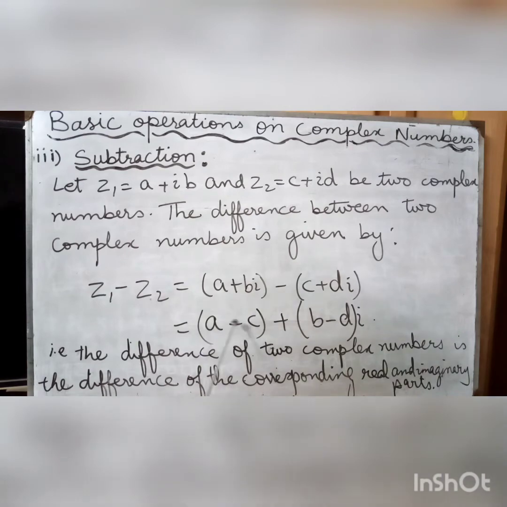After subtraction we have (a - c) + (b - d)i. That is, the difference of two complex numbers is the difference of the corresponding real and imaginary parts.